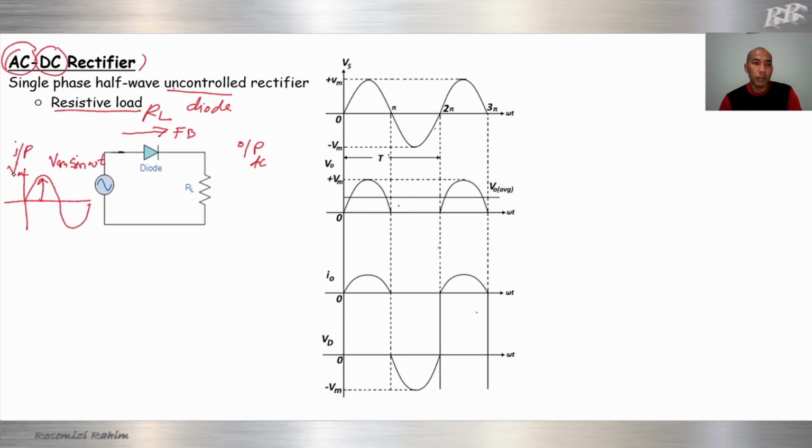This is the input waveform, Vm. Vs, the source voltage, is here. V out, we take V out here.